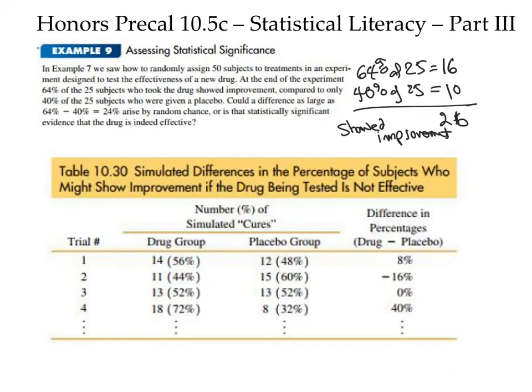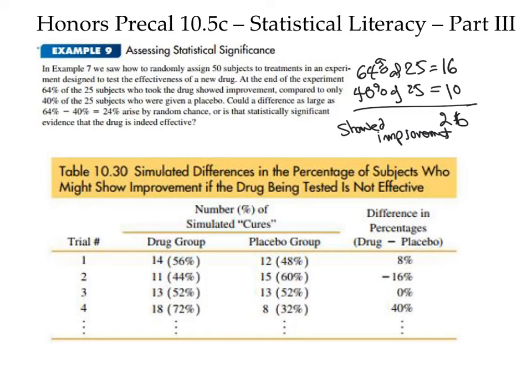So again, the strategy is we generated a sequence of 26 ones and 24 zeros that corresponds to how many people in the survey showed improvement and how many didn't. And then we randomly sort that and see how many showed improvement in the first group and how many showed improvement in the second group. And you can see, for instance, that in trial 1, 14 in the drug group showed improvement, 12 in the placebo group.